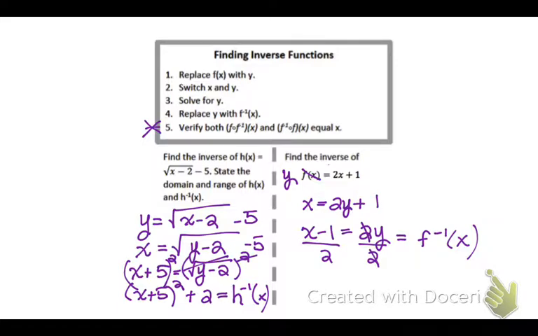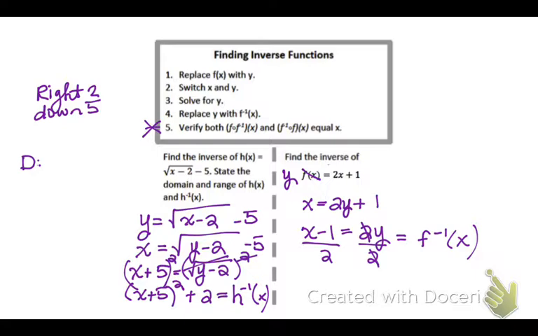The last part of this question says to state the domain and range of h of x. The easiest way to do that is to think about the function h. That's a square root function. It's been shifted to the right 2 and down 5. So again, that changes where that point is starting.